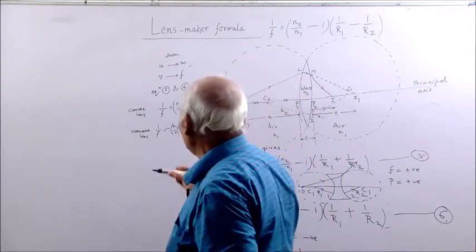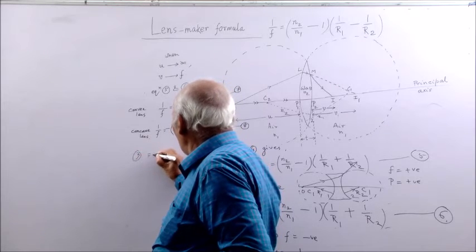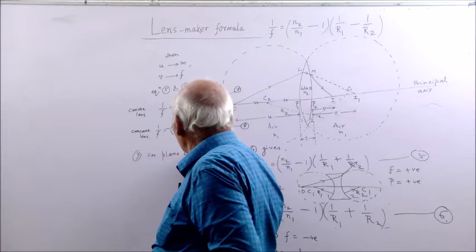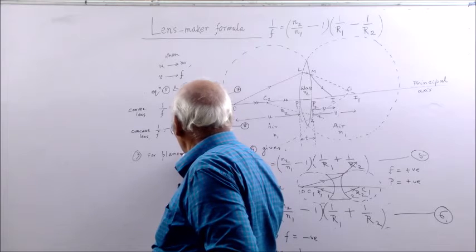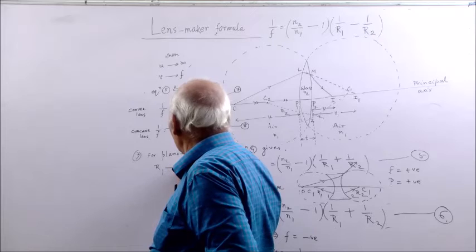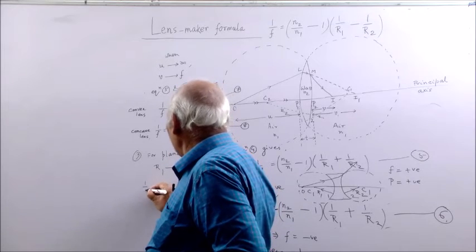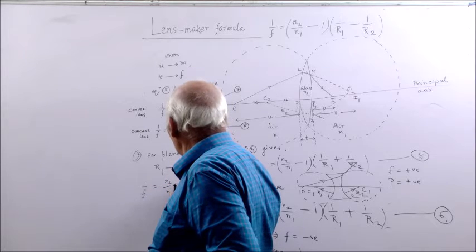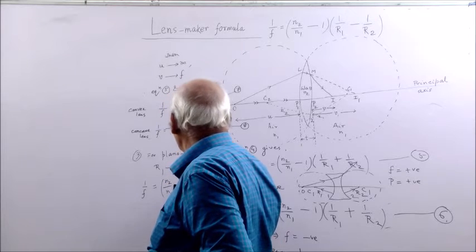For the third case, for a plano-convex lens, say R1 tends to infinity, then 1 by f becomes (n2 by n1 minus 1) into 1 by R2 simply.